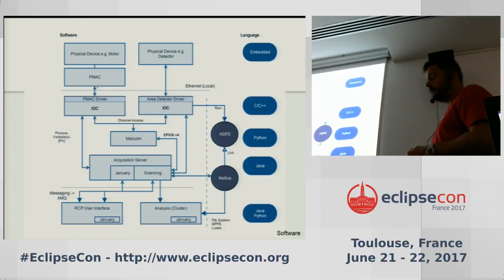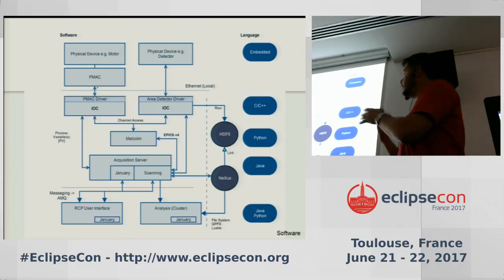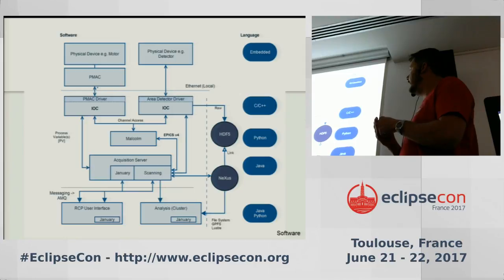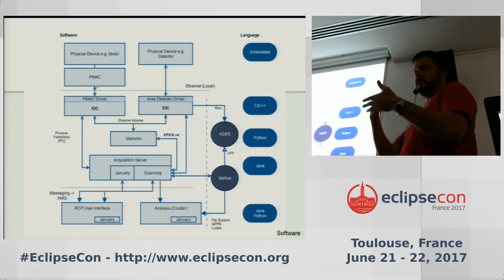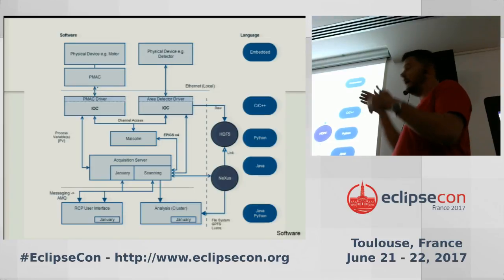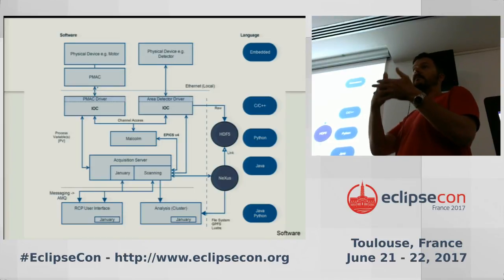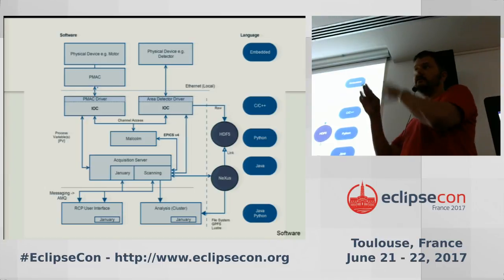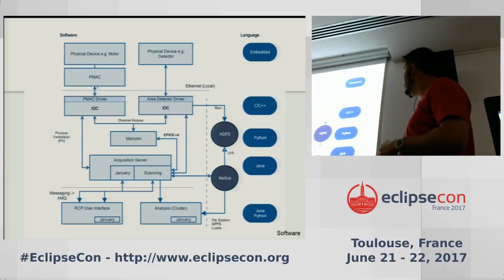And we have PMAC drivers and input-output controllers, which are usually Linux machines. You have a suite of motors whose embedded layer is integrated into a given PMAC. Maybe it could be 4 motors, say. And so you can address those motors and move them using the API.